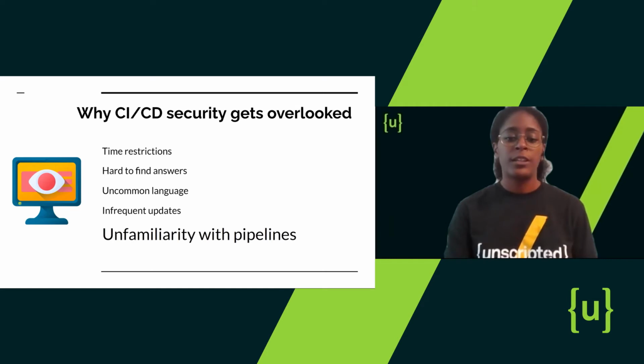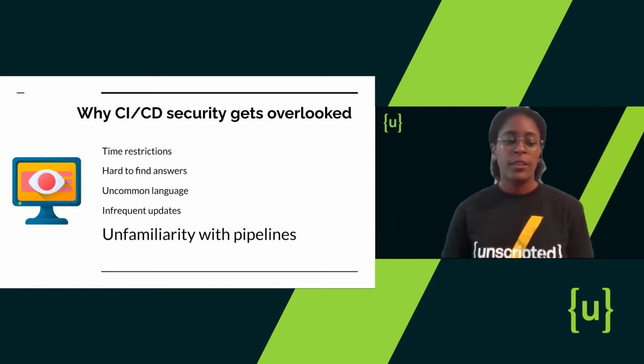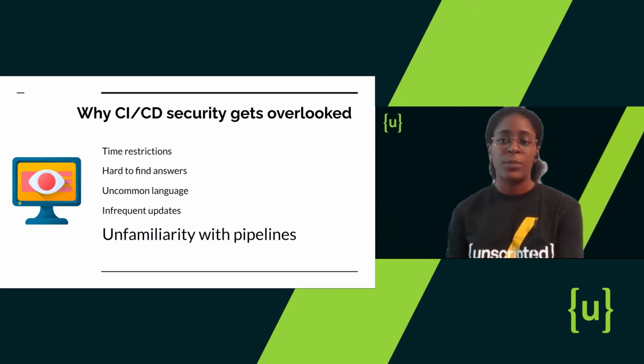And that's also because a lot of times we're unfamiliar with these pipeline tools. There's so many features and so much goodness that they all have that sometimes when you're trying to do something specific like security, you think it's just already there, but it's not integrated into your specific pipeline. You have to add those tools in.